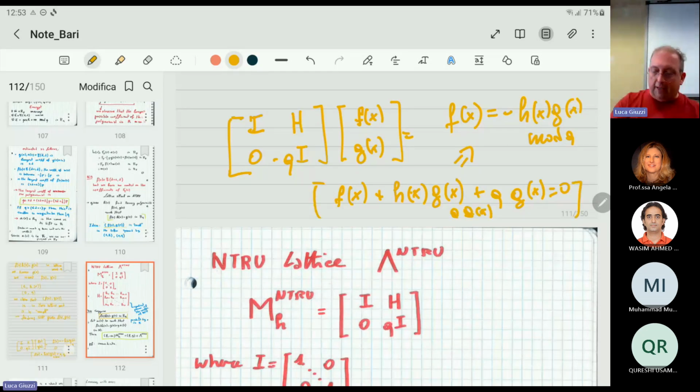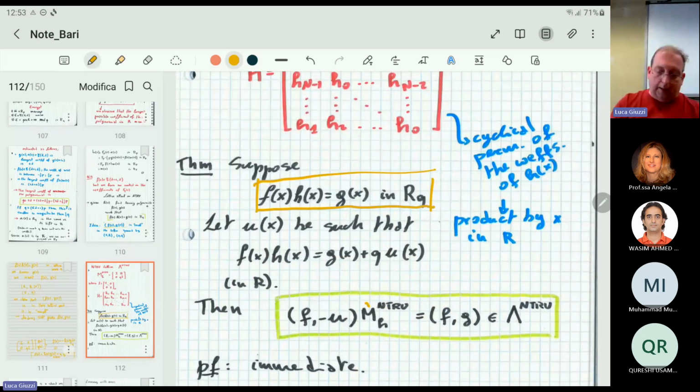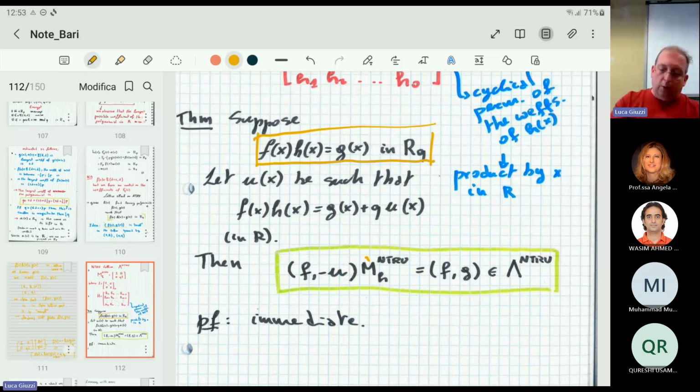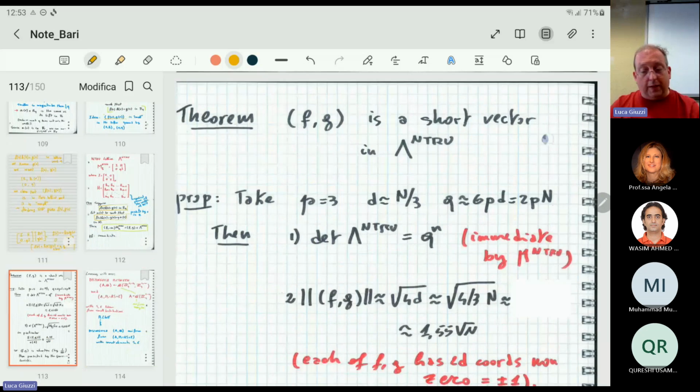We have this condition to hold, and then we have this theorem showing that everything is fine.